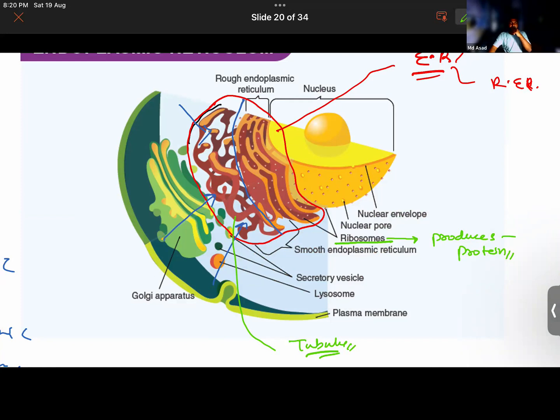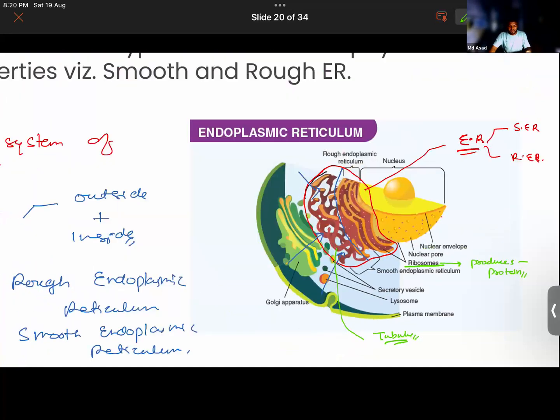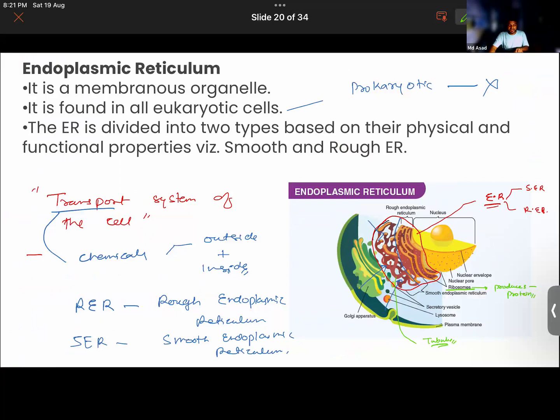And this organelle will also have a membrane, since we are talking about eukaryotic cells. Almost all the organelles have got membrane in them. And the functions we have already discussed: it basically acts as the transport system of the cells, helping in the transport of chemicals between two cells and inside the cells as well. Okay then, now let's move ahead.